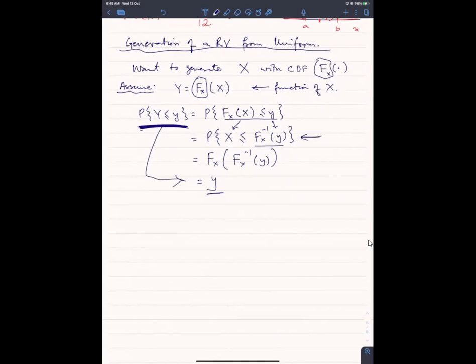This guy is uniform 0 1. क्यों? ये 0 से छोटा भी नहीं हो सकता because CDF है, और ये 1 से बड़ा भी नहीं हो सकता because CDF है. So the range is automatically set between 0 and 1. So this is the CDF of uniform random variable.